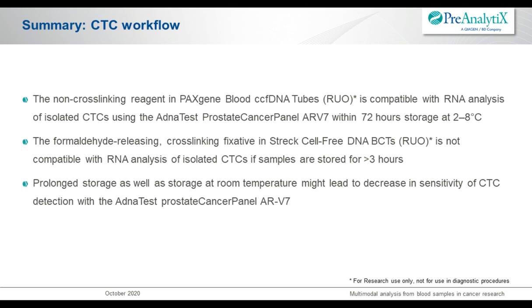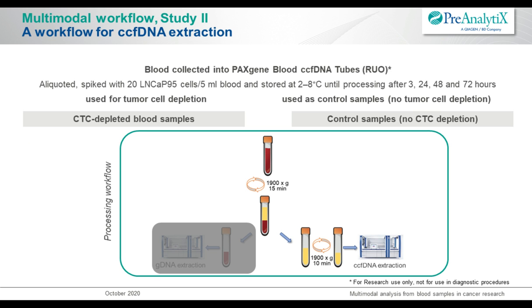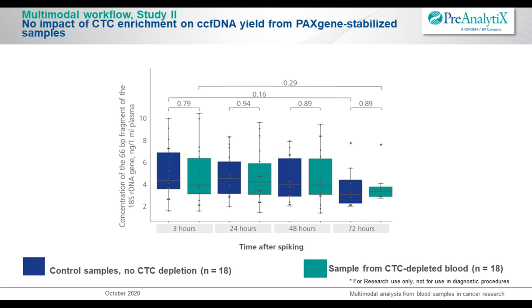Okay. So this is the CTC part of the workflow, and as this is a multimodality workflow, we also looked at the other liquid biopsy molecules. We looked into the plasma on the right here and also on the cells. First we show you the results for the plasma part. From the plasma we isolated the ccfDNA.